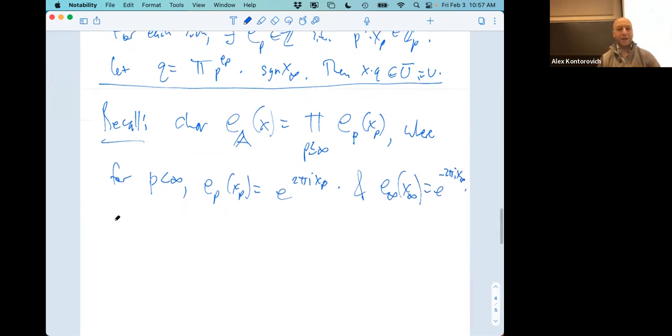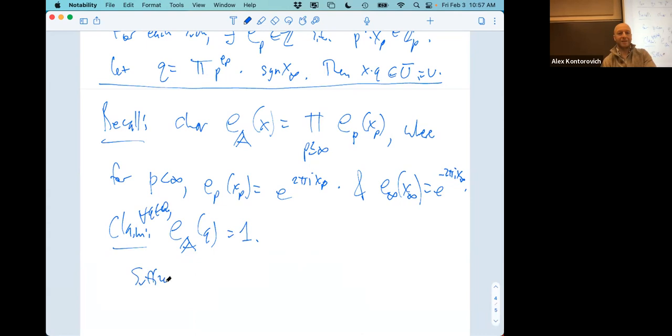Okay, and I think I claimed but didn't prove, if I recall correctly, that E_A on a rational number, for all q in Q, E_A on a rational number is 1. Indeed, it suffices to show that E_A on 1 over p to the e is 1.